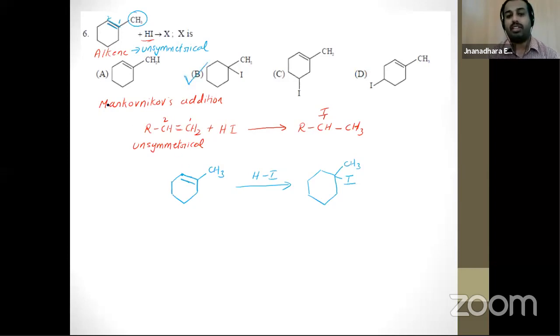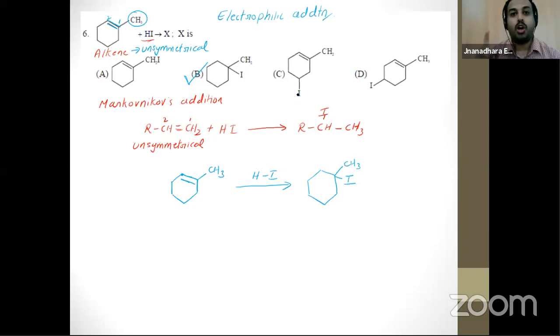Option A can never be the answer because this is an addition reaction, not a nucleophilic or free radical substitution reaction. So the double bond should be removed in the product. In fact, you don't have to work all this. Straight away you can arrive at option B. How? By eliminating other options. See, this is an electrophilic addition reaction. Correct? In an electrophilic addition reaction, the double bond should get consumed.